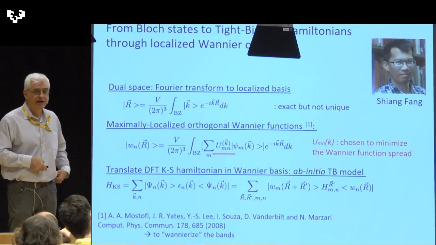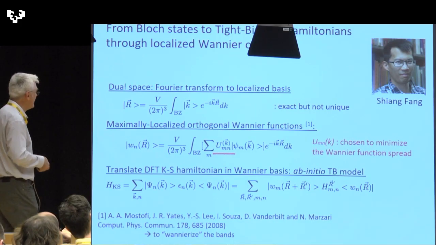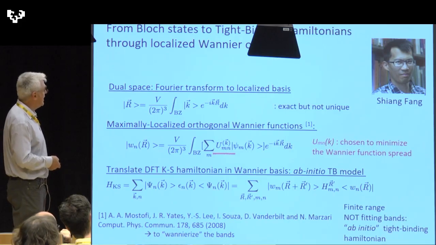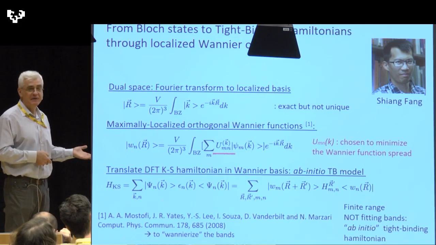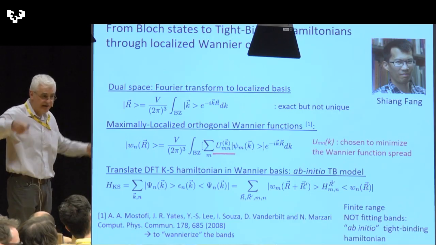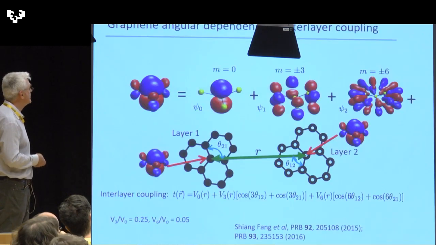My students even use a verb, to Wannierize. This has become a verb, the bands. And we indeed can claim that we have ab initio tight binding Hamiltonians essentially without any approximations other than deciding the range of the Hamiltonian, due to this very powerful scheme.